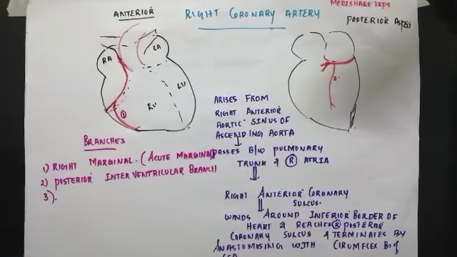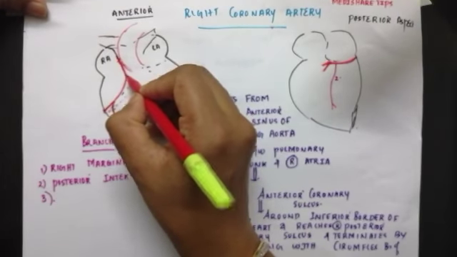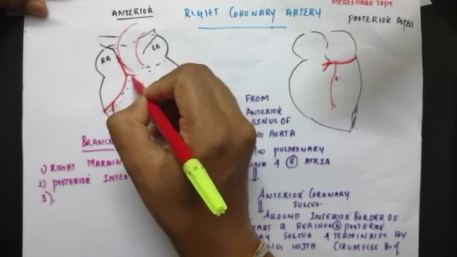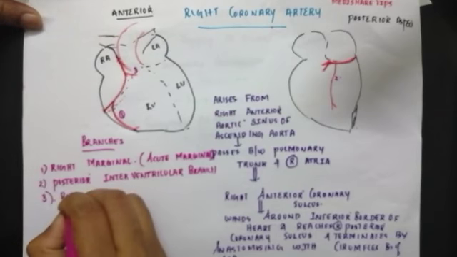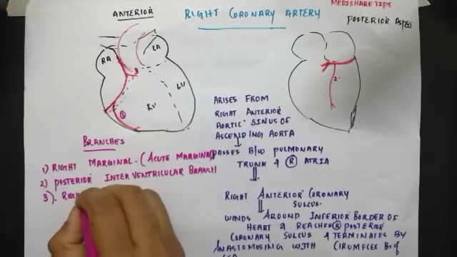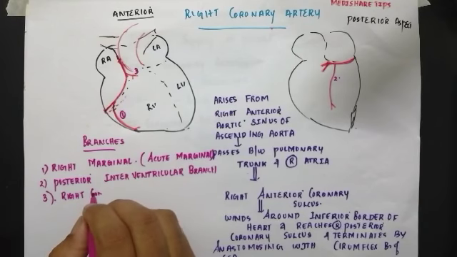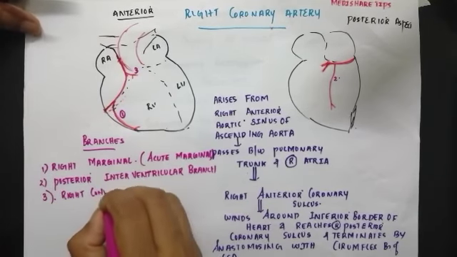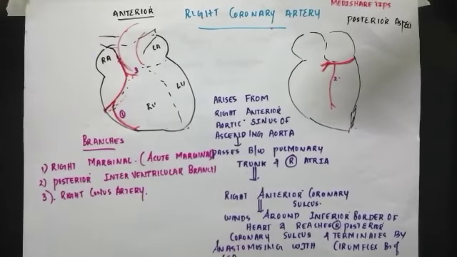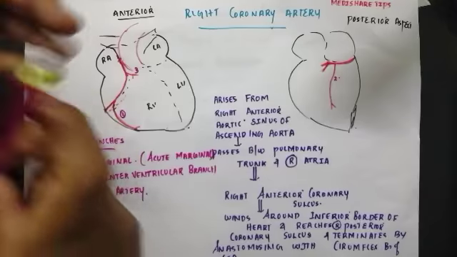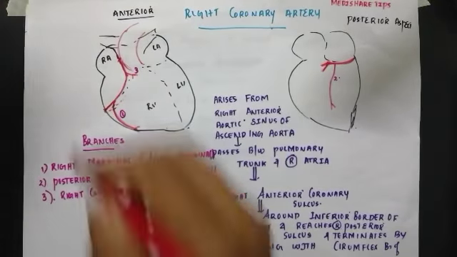And the third one is the branch to the right conus or infundibulum, labeled as 3. That is the right conus artery or infundibular artery. And there are some small branches also.